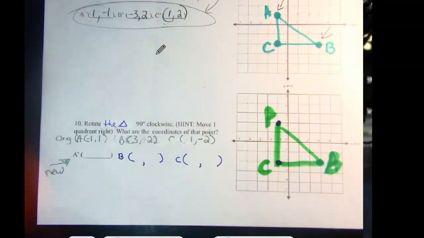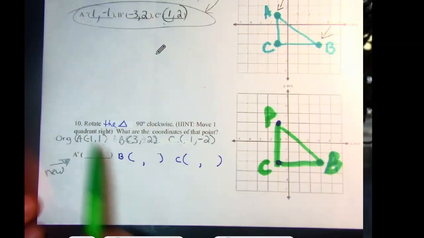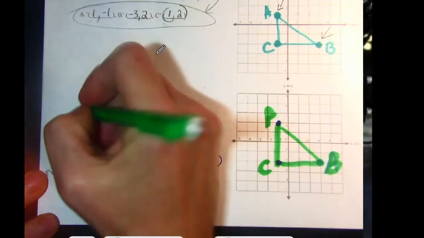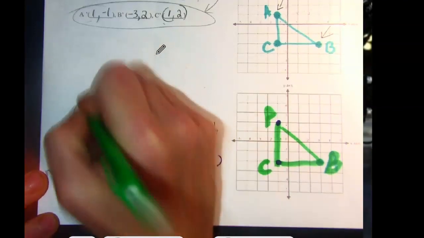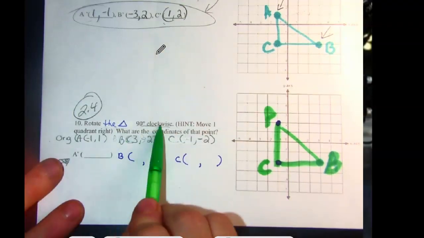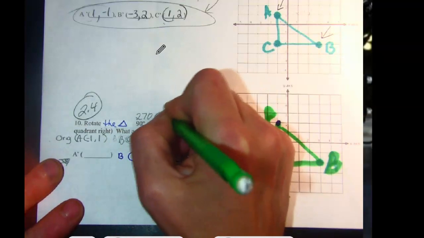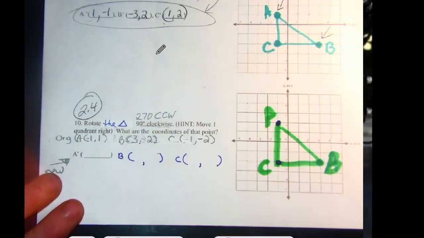Okay, so we are doing the last one, and we are talking about a rotation, and it's going to be 90 degrees clockwise. So remember in your notes, that's section 2.4. 90 degrees clockwise is the same as 270 counterclockwise, and we talked about this rule.